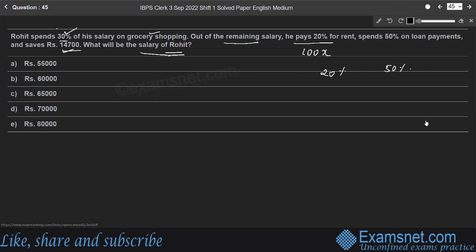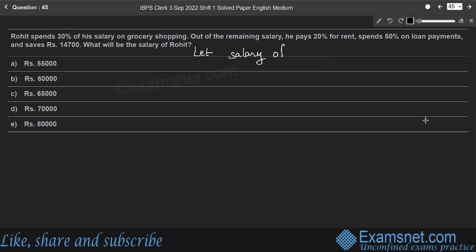So based on these values, we have to find salary of Rohit. So let us start first step as, let salary of Rohit be 100x rupees. Let the salary be 100x rupees.